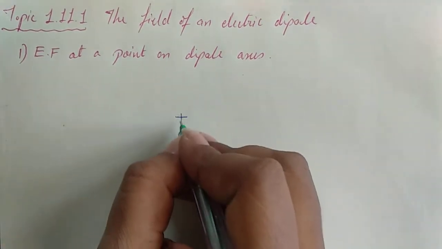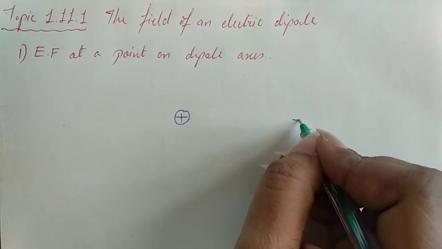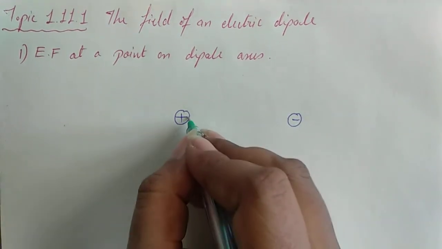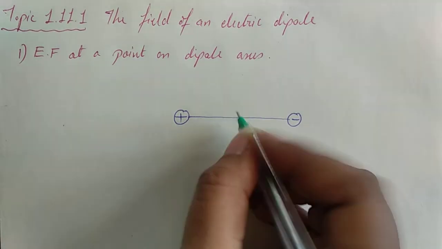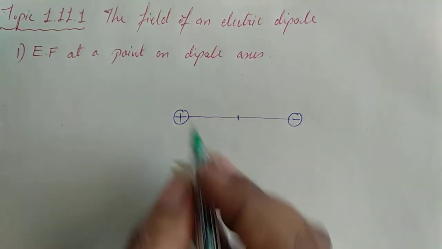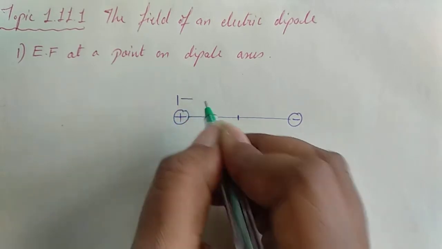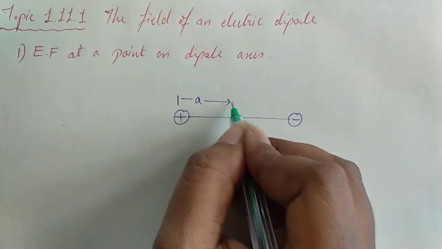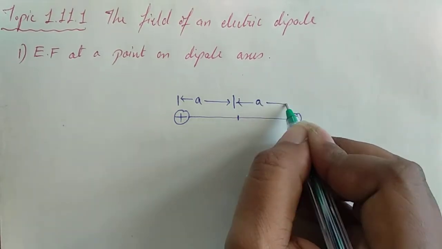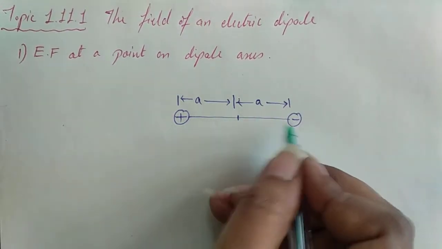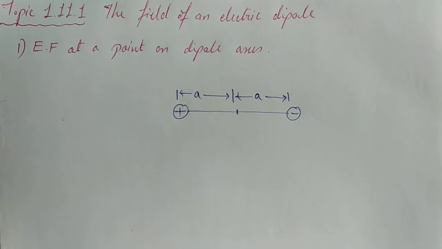Suppose this is our positive charge and this is the negative charge. The distance between both the charges is 2a. So if this is the center of the dipole, I can say that this distance is a, and in the same way, this distance is also a. So the total distance between both the charges becomes 2a.